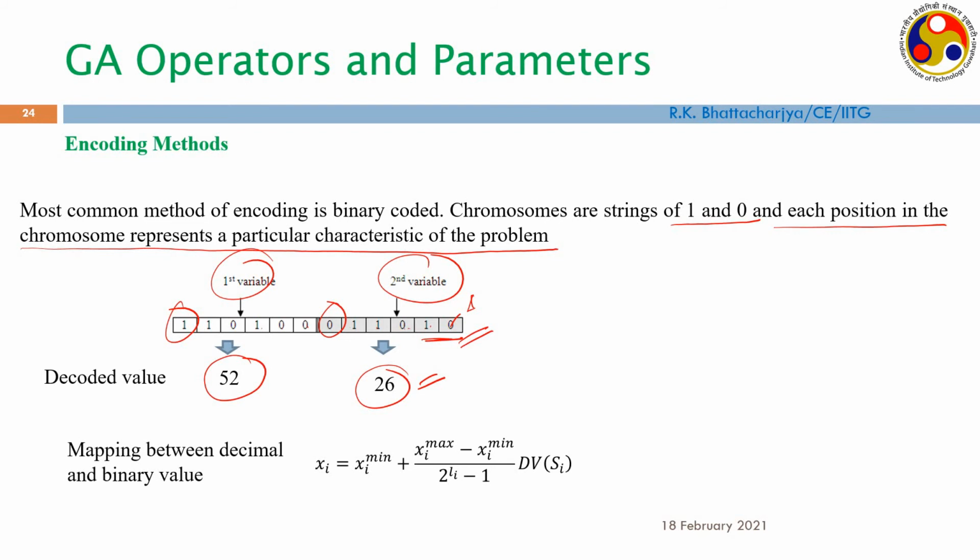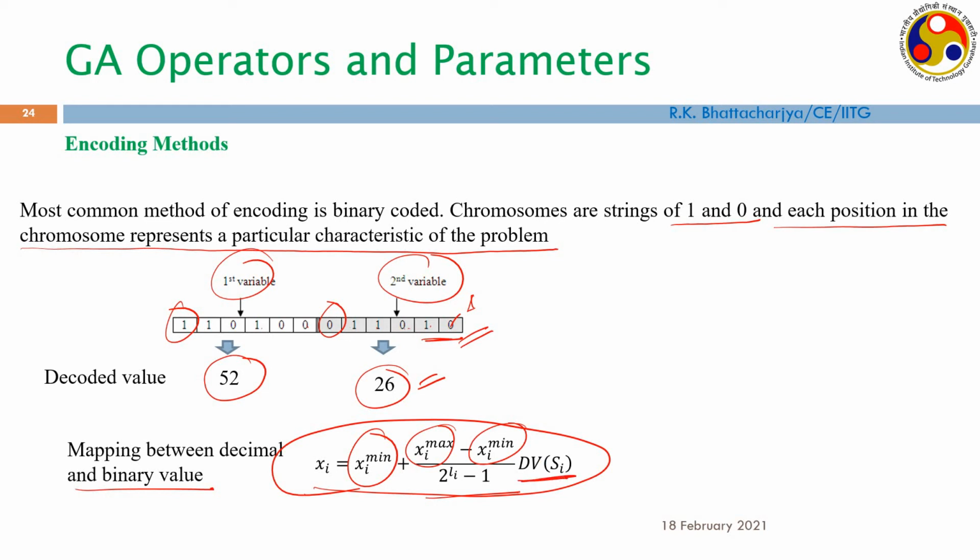Then we can do a mapping between decimal and binary values. The mapping used is xi equals x minimum plus (x maximum minus x minimum) divided by (2 to the power l minus 1), into the decoded value.